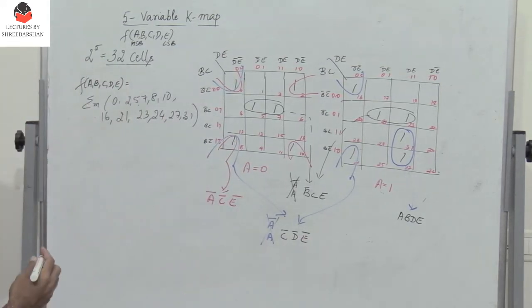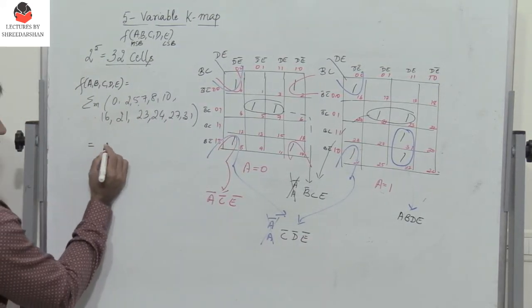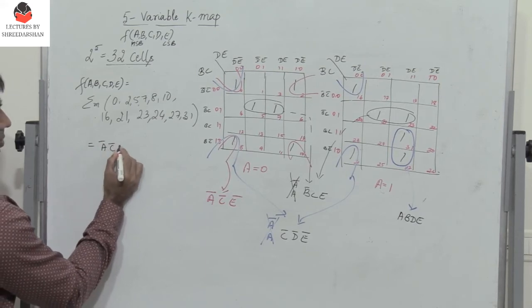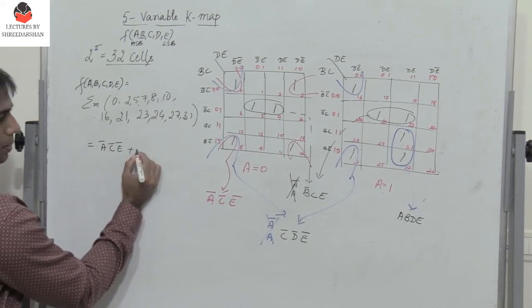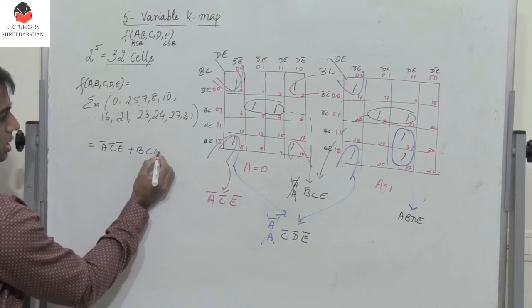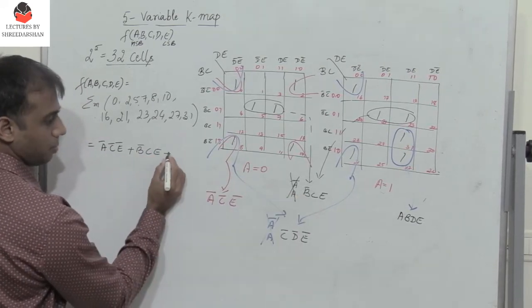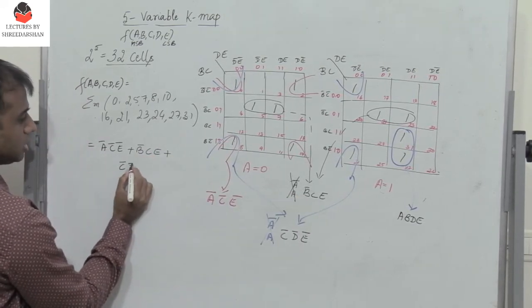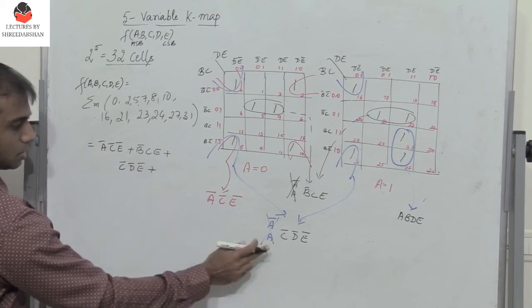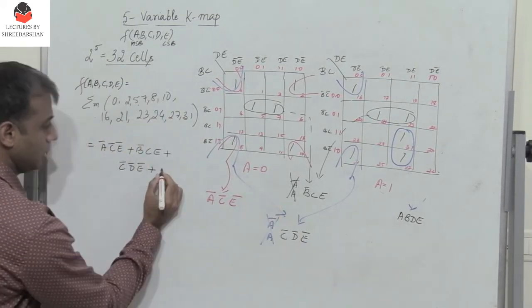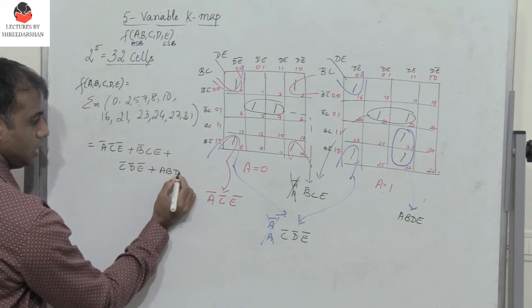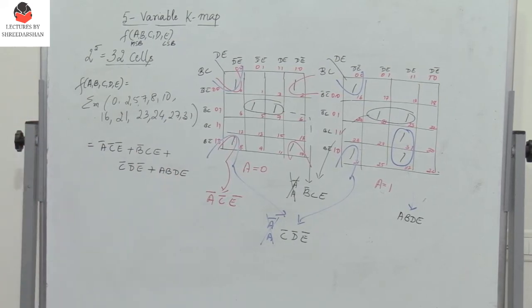So what is the final expression? The final expression would be A bar C bar E bar plus B bar C E, which is this one, plus C bar D bar E bar, this is the one which I've written here, and then A B D E. So this is the final expression what I get.